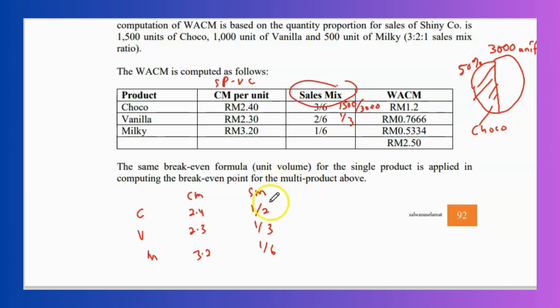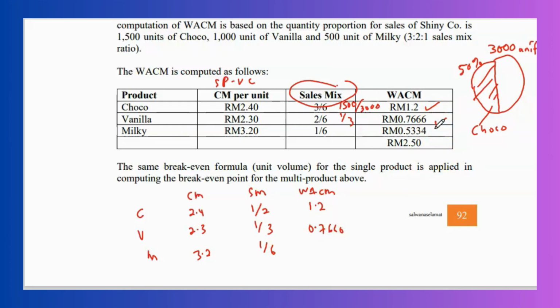Okay, so that's why they maintain 3/6, 2/6, and 1/6. Now you have to get the WACM. In this case, 2.4 multiplied by 1/2, that is 2.4 multiplied by 0.5, is equal to 1.2, the same answer as here. And 2.3 multiplied by 1/3 gives 0.7666, the same as here.